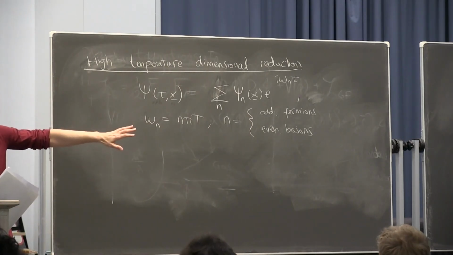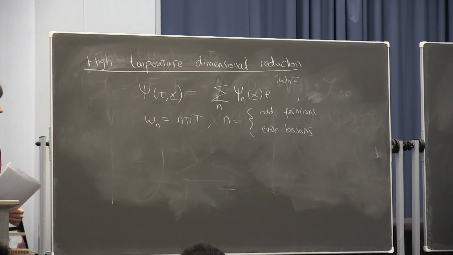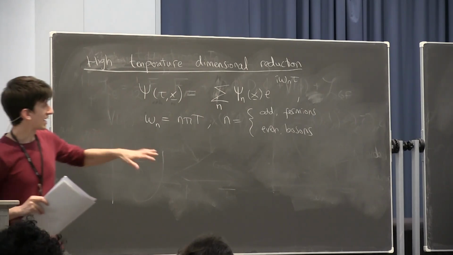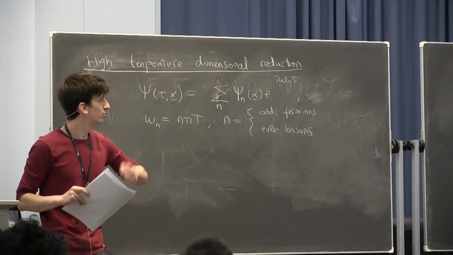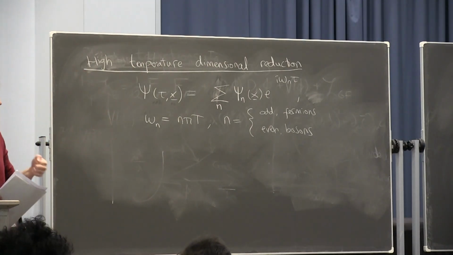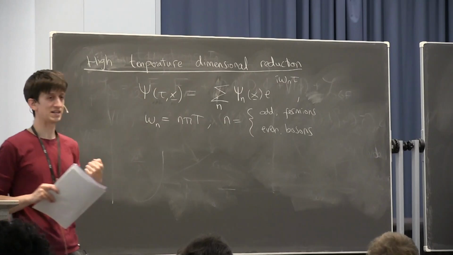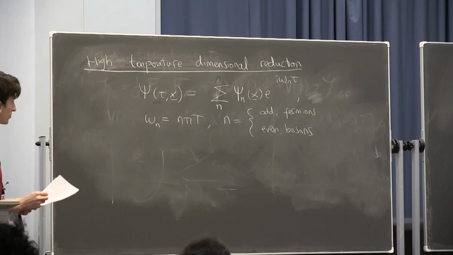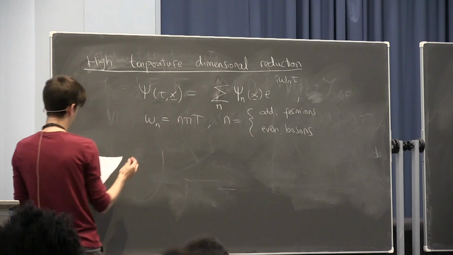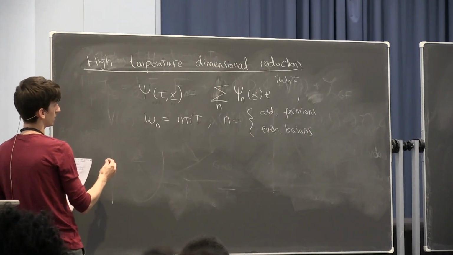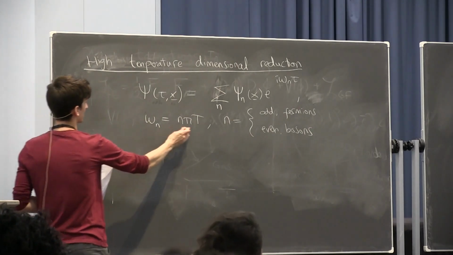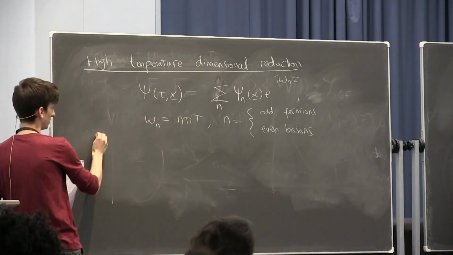And as I tried to motivate earlier, we're going to need to consider hierarchies of scale. And in the case of a thermal phase transition where the loops, the things are dominated by T, the thermal scale, or rather pi T, the natural thing to consider is that this is some high scale compared to some other scale.